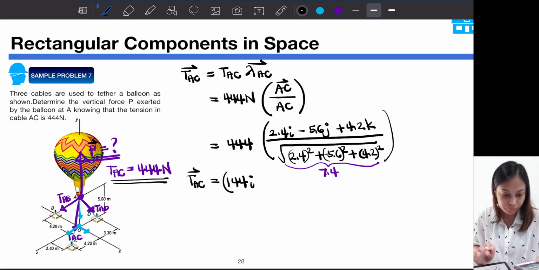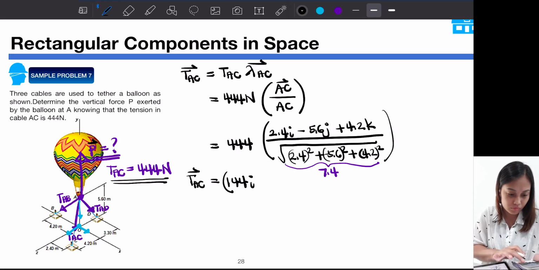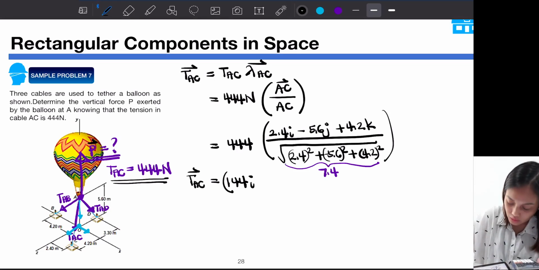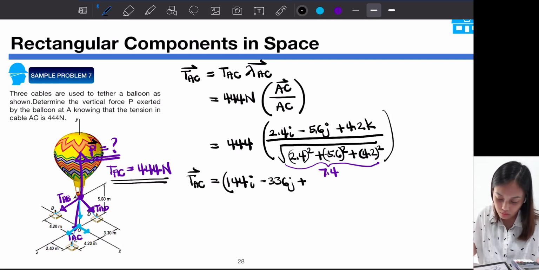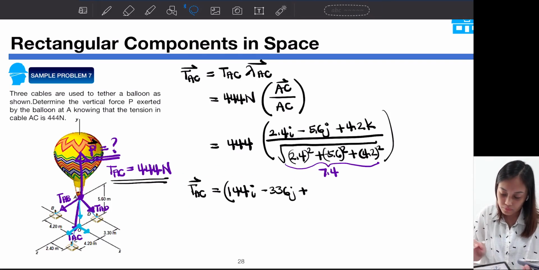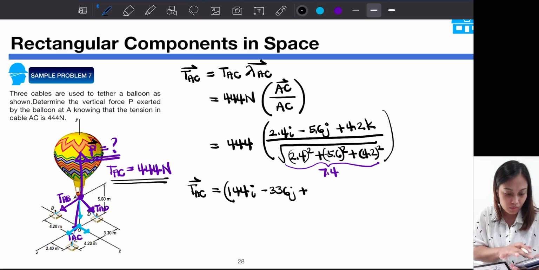Negative 5.6 negative 336 J plus 4.2, 252.